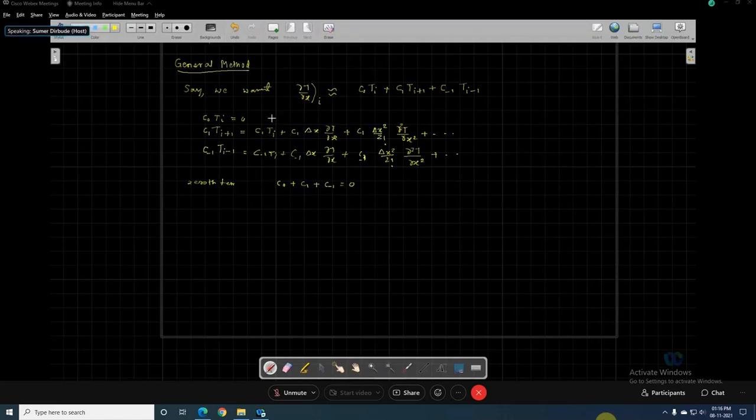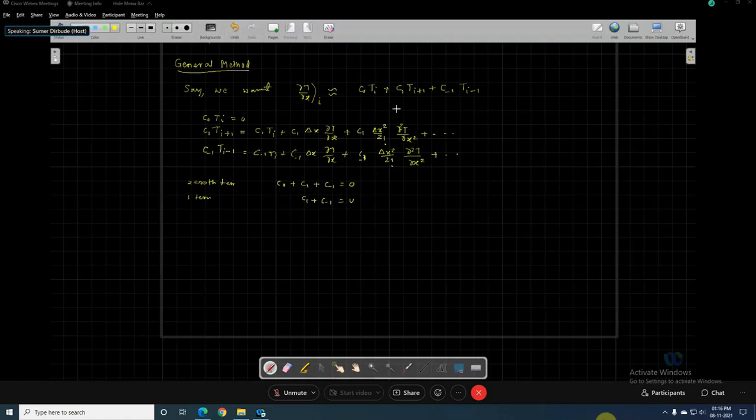T I needs to be removed. So we say that C naught, C1, C minus 1 are such that they add to 0. Okay. Now for this del t del x, from the first term we have C1 plus C minus 1 equals to 0.